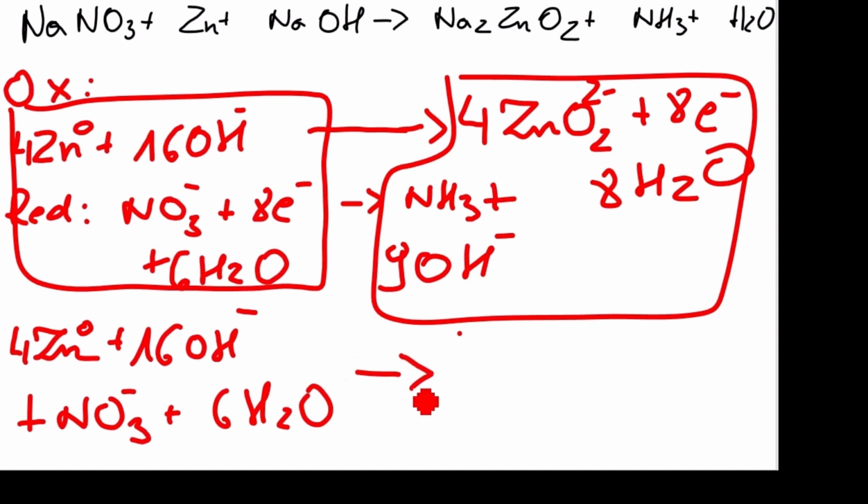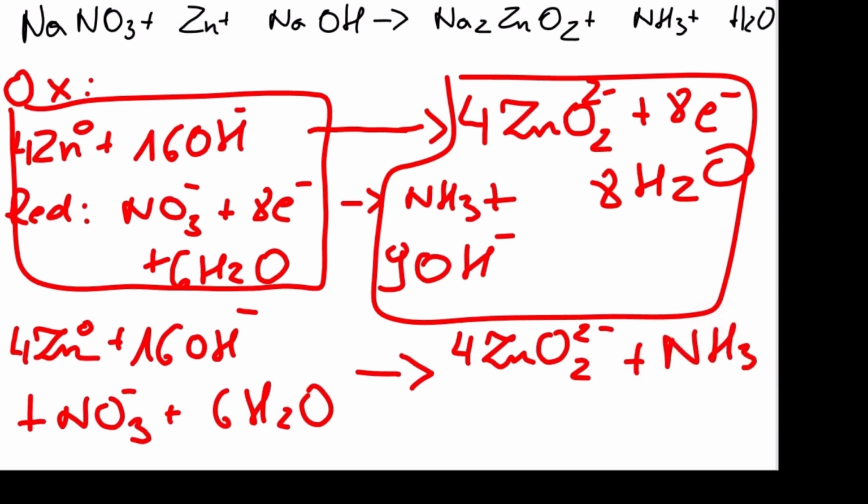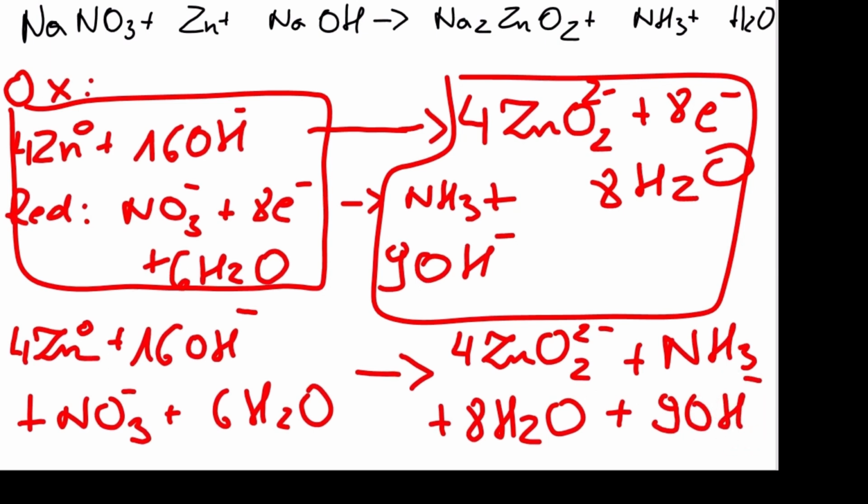We obtain 4 zincate anions, 1 particle of ammonia, 8 particles of water and 9 hydroxide anions.